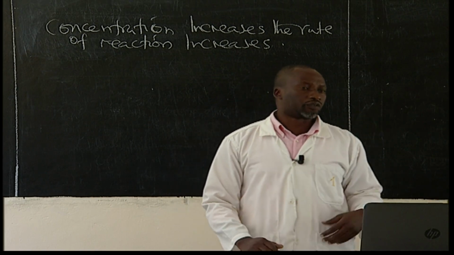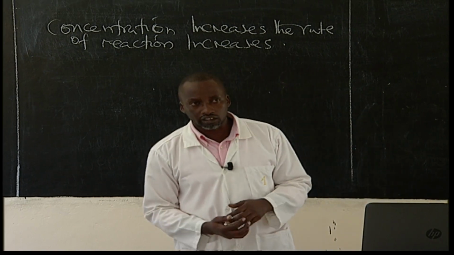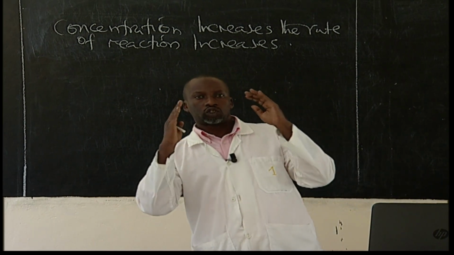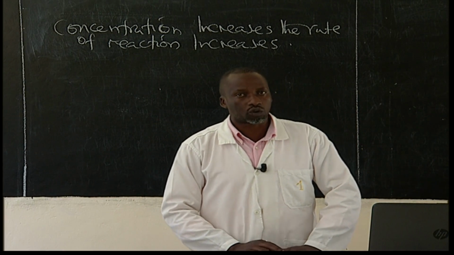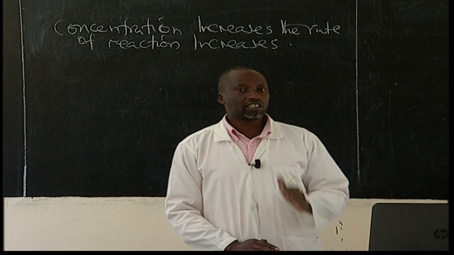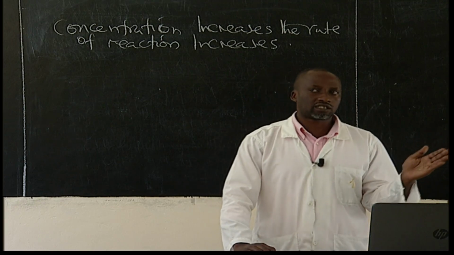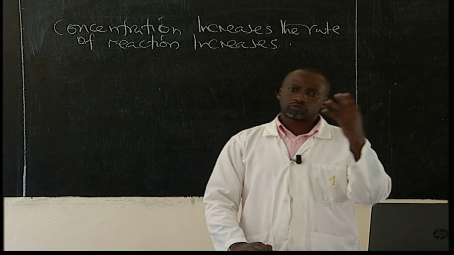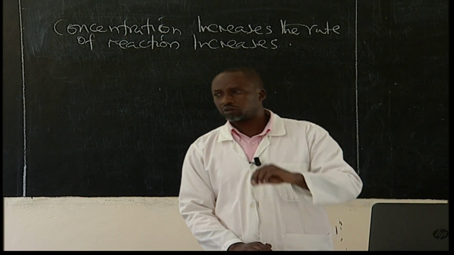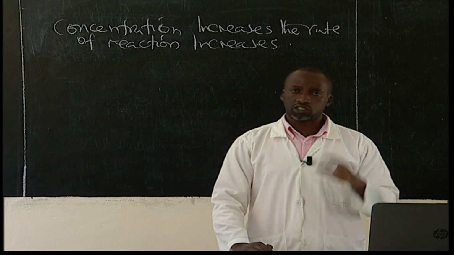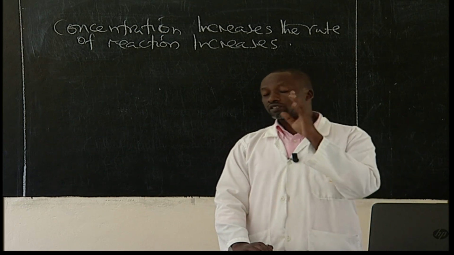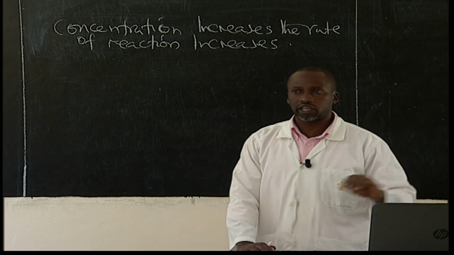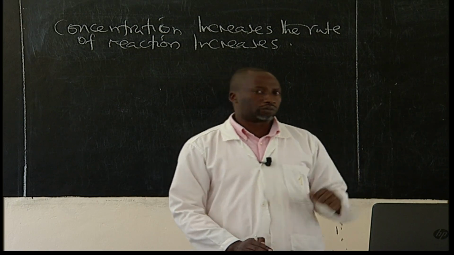Let me take you briefly through the previous experiment that we did. You remember we were reacting sodium thiosulfate with hydrochloric acid. This reaction produces sulfur, which is formed in solid form as a cloudy, yellow precipitate. We determined the speed at which that cloudy, yellow precipitate forms.